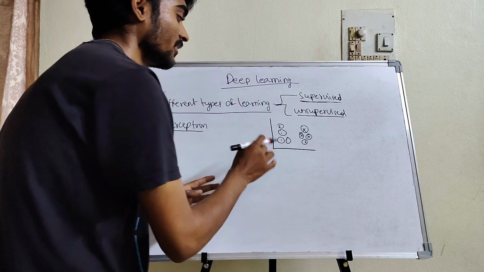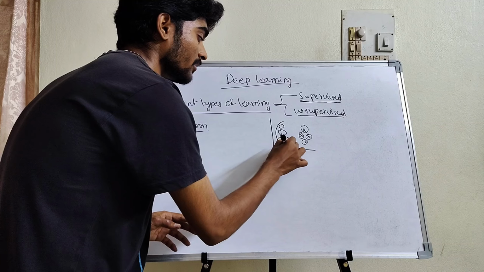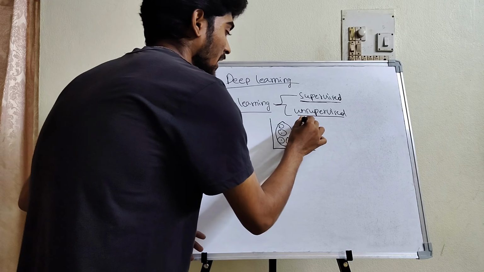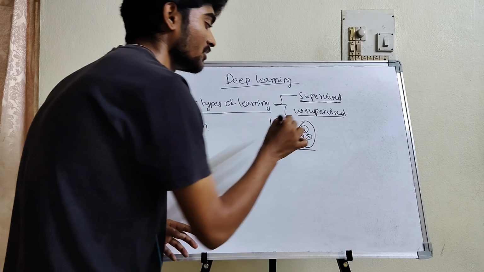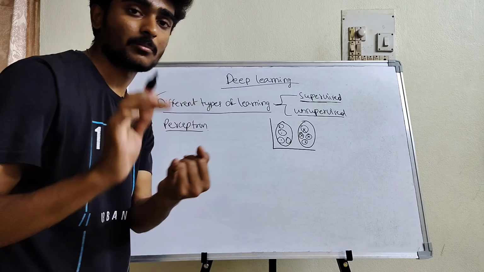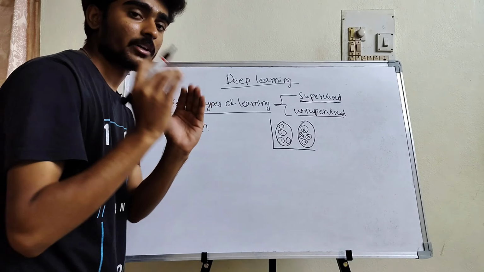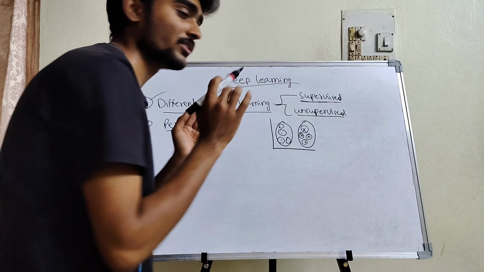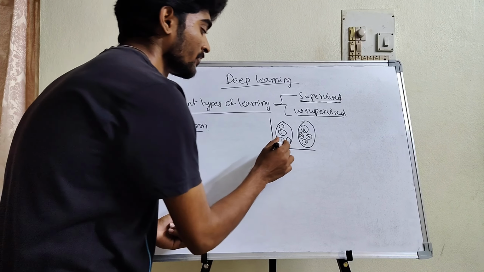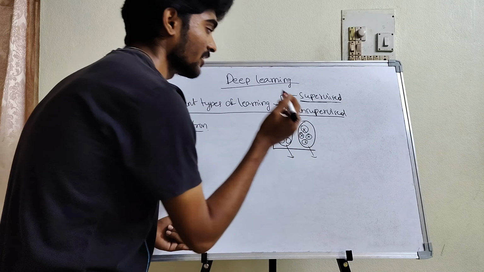By this you understand that all the data points in this region are similar, so they fall into one class, and all the data points in the other region belong to another class. Any new data point that comes in either falls into this region or that region. By this you can understand that this is one class and this is another class.